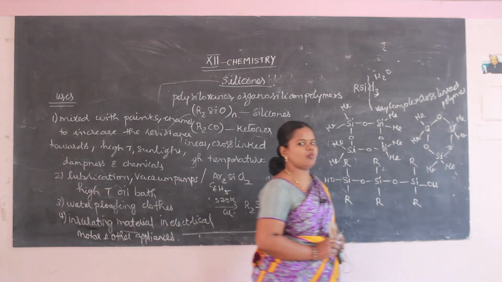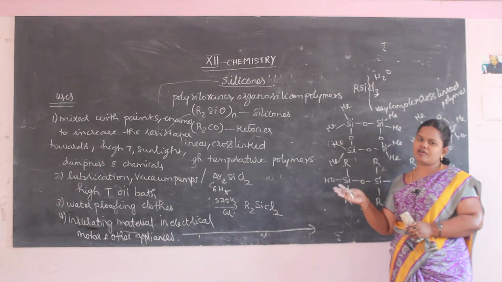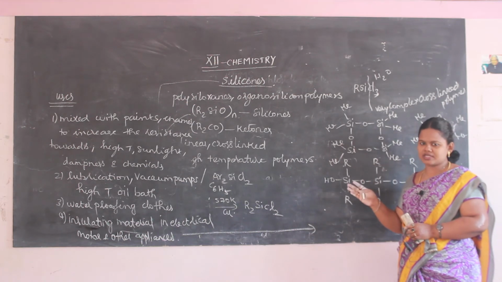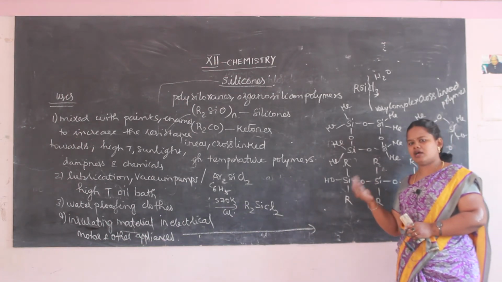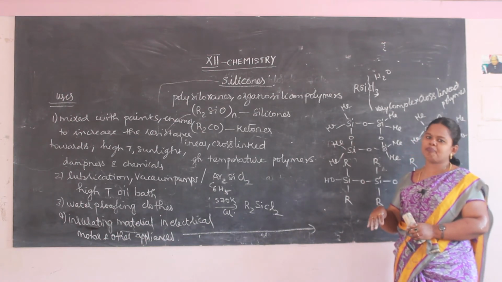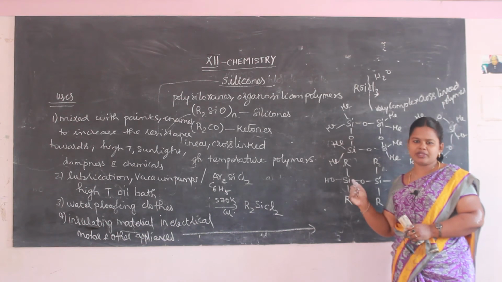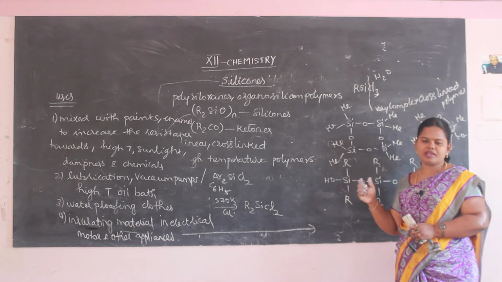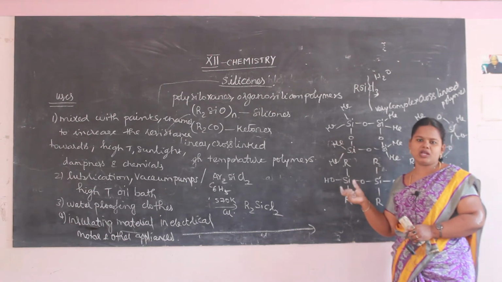So today we saw about silicones. Silicones are organosilicon polymers. Their general formula is (R2SiO)n. Since they resemble ketones, they are given the name silicones. They can be cross linked or linear. Then what is the preparation? For that we need one compound, that is dialkyl dichlorosilane. How do we prepare it? When we treat with alkyl chloride, we get dialkyl dichlorosilane.